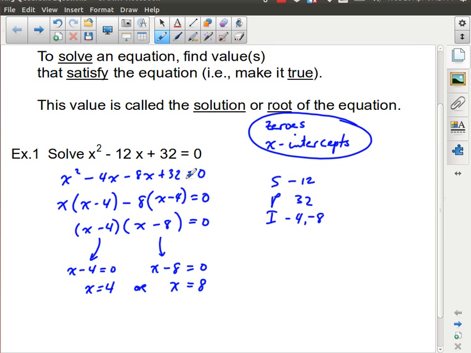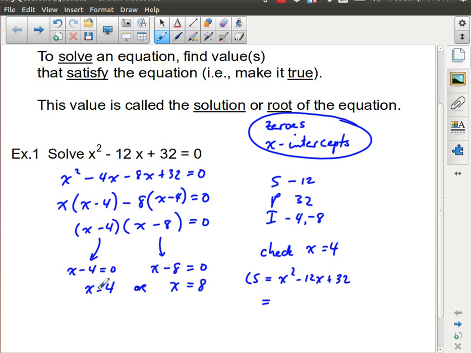If we wanted to check this, how can we check x equals 4? We've done this before when we looked at linear systems. It's a left side, right side check. So the left side of this equation is x squared minus 12x plus 32.